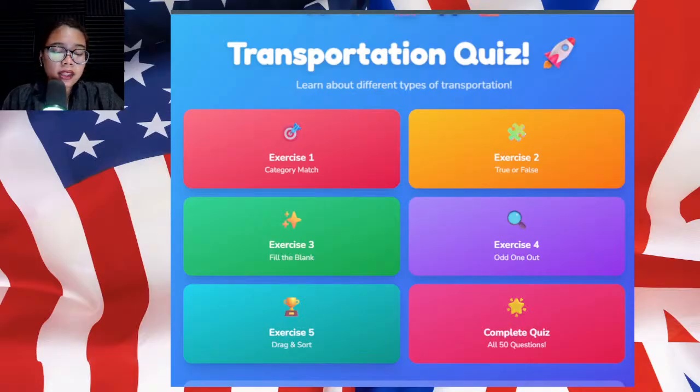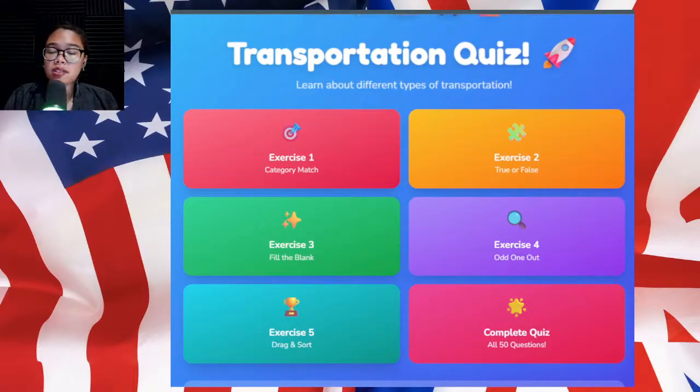Okay. And then after that, we also have the air transportation. We have the airplane, the famous one, the common one, helicopter, hot air balloon, glider, biplane, and jet. Okay. Another one is the public transportation.